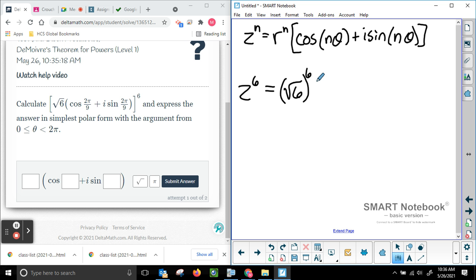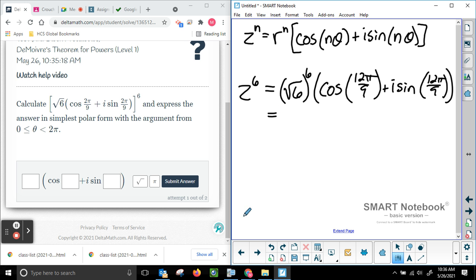times the cosine of 2 pi over 9 times 6, which is 12 pi over 9, plus I sine of 12 pi over 9.